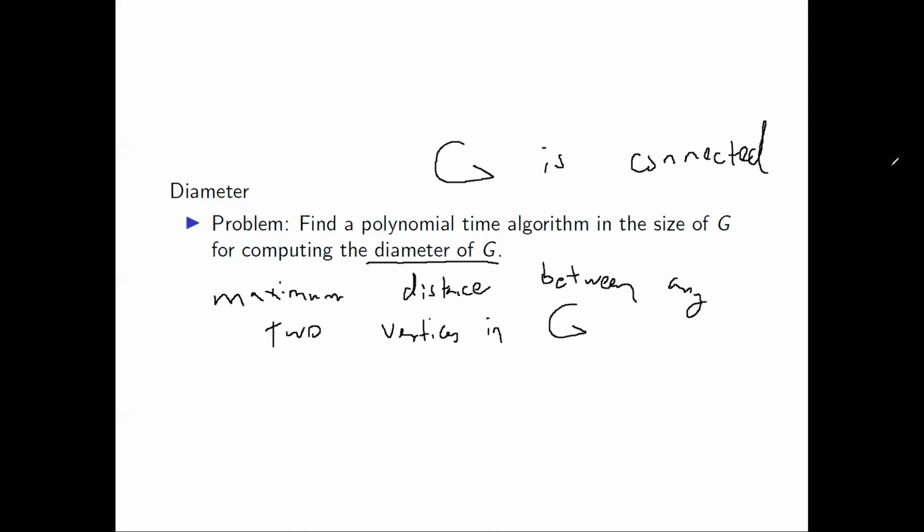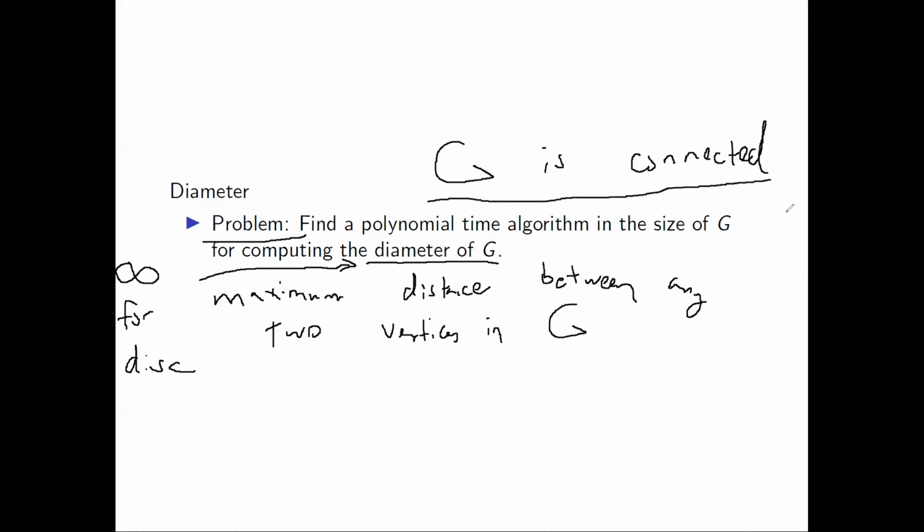And if your algorithm says that G is disconnected, then for this problem, outputting the diameter for a disconnected graph, you could just say infinity for disconnected. But if you would like to assume that G is connected, that's fine, because I already discussed what to do for when it's disconnected. So you may assume it's connected. And so find a polynomial time algorithm in the size of the graph G for computing the diameter.